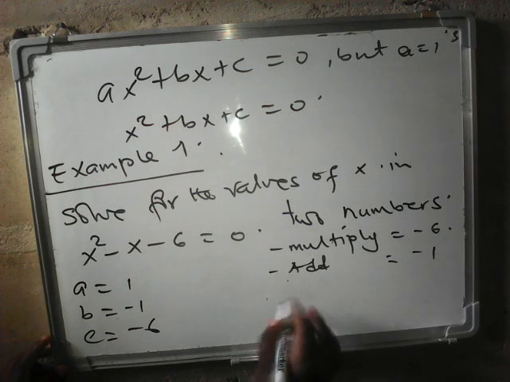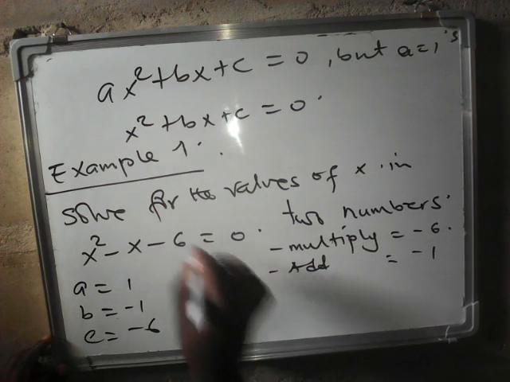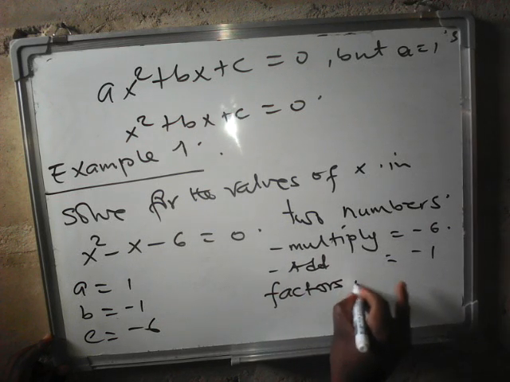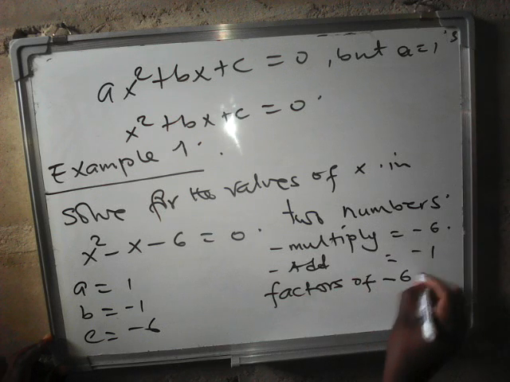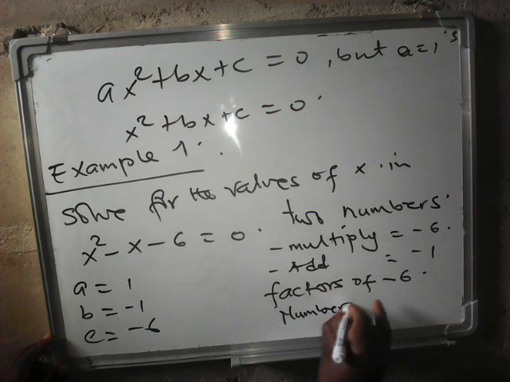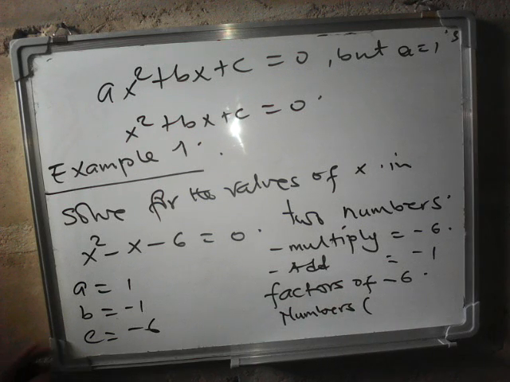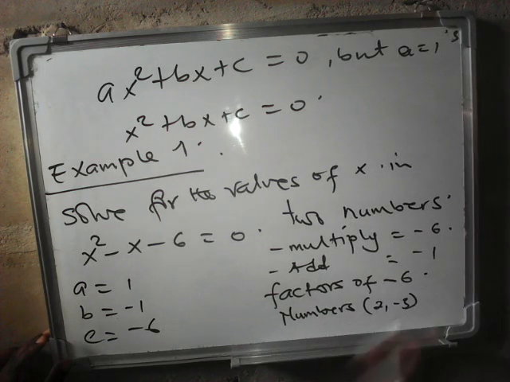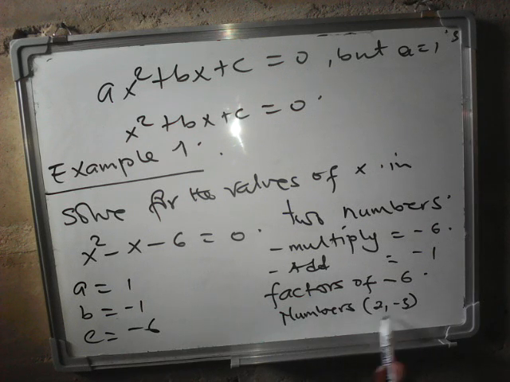Those two numbers will be factors of -6. If we try, we get 2 and -3. These two you can add them, you get -1, and then you multiply them, you get -6.